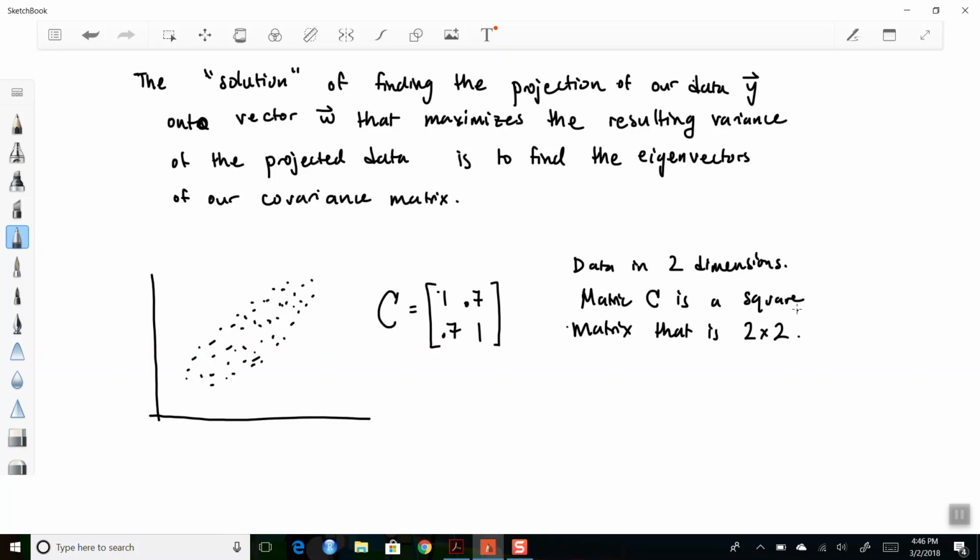Okay, so if you have data in m dimensions, then matrix C will be a square matrix that is m by m, okay? And if you ask for the eigenvectors of this, you'll end up with m different eigenvectors, right?